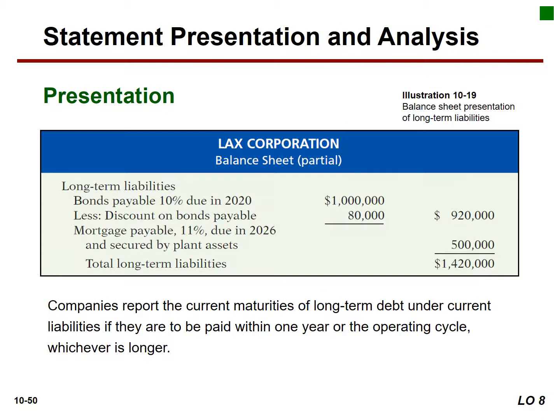Okay, this slide shows two different long-term liabilities, a bond payable less the discount on the bonds payable. Again, this is our carrying value of our bonds payable, and this company also has a long-term liability, a mortgage payable of $500,000.